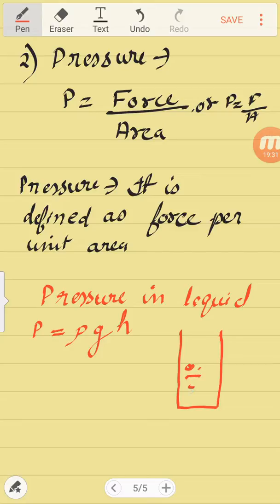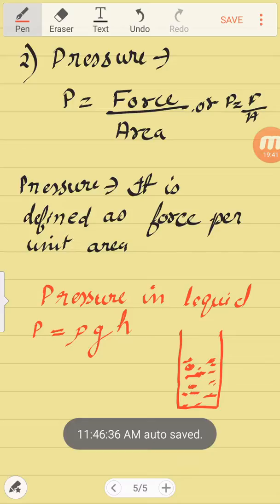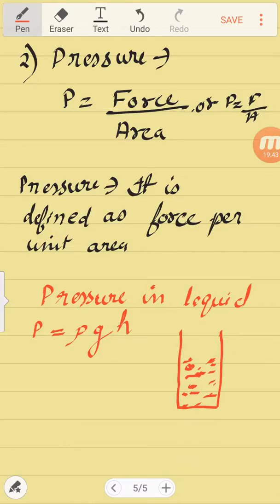For example, different liquids have different density. Like for water it will be different, for mercury it will be different. This is the density of liquid.